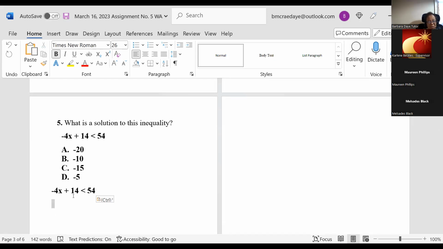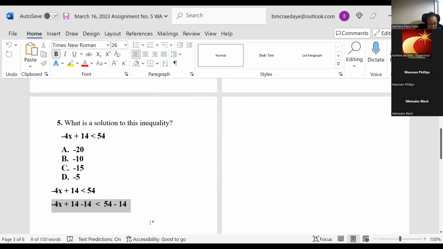Maureen, also subtract the 14 from both sides. So this becomes, and I'll put it here, because I want you to solve this and tell me the answer. Minus 14, and do the same on the right. Minus 14. Mercedes, what do you get on the left side? I get minus 4x. That's right.